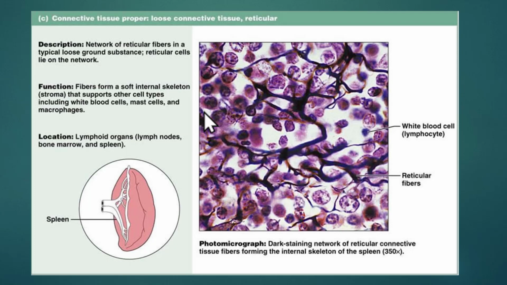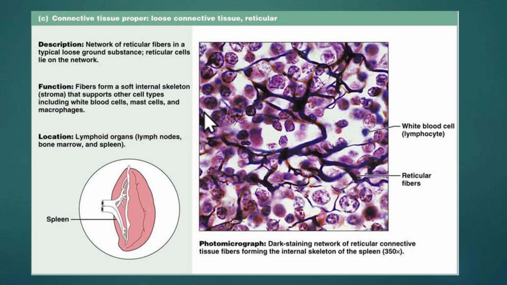Our T lymphocytes migrate to that thymus gland and attach there. They have to be attached to these fibers in order to grow, and growth factor is secreted on them, and they grow and they mature.